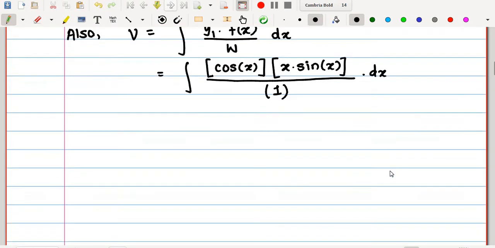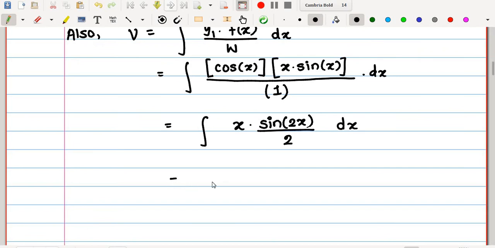Again we combine the trigonometric functions together, so it is equal to integration x into sin theta into cos theta, which is nothing but sin 2 theta upon 2, where theta is equal to x.